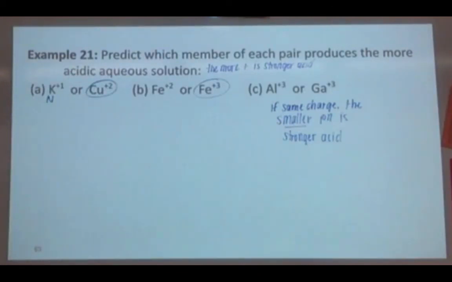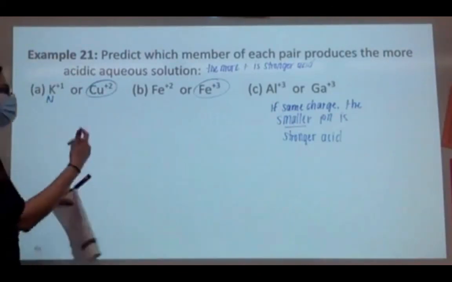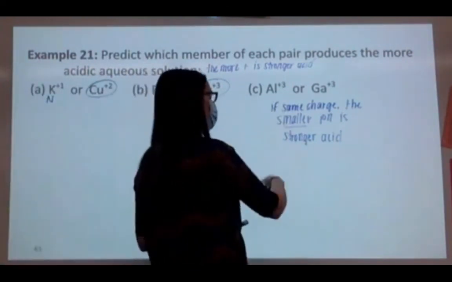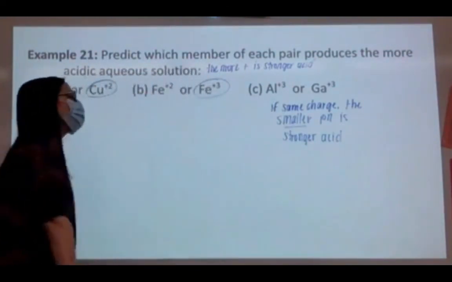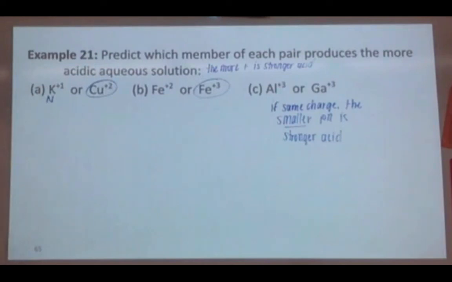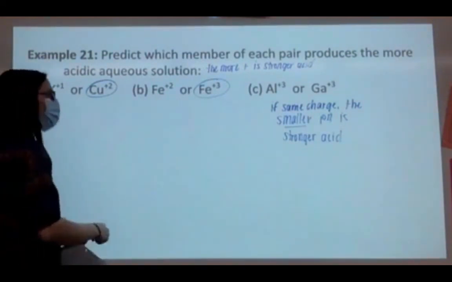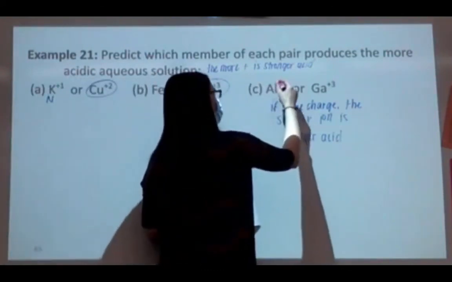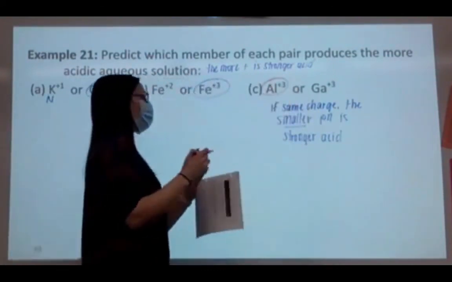We're comparing aluminum and gallium. They both are +3, so we can't use the positive charge. The tiebreaker is that the smaller, the more acidic it is. Aluminum has valence electrons in n equals 3. Gallium has valence electrons in n equals 4. Gallium has an extra energy level. Gallium is larger. All right, so since aluminum is smaller, it's the stronger acid.